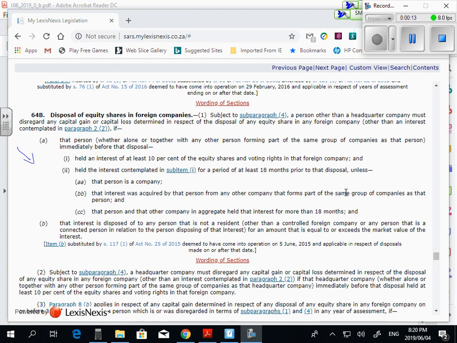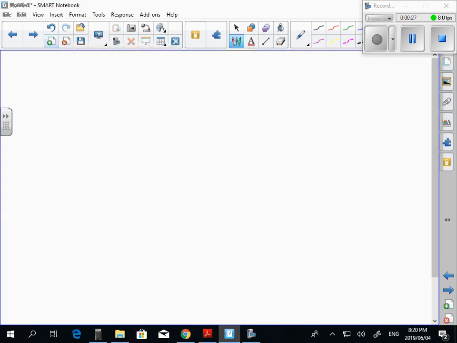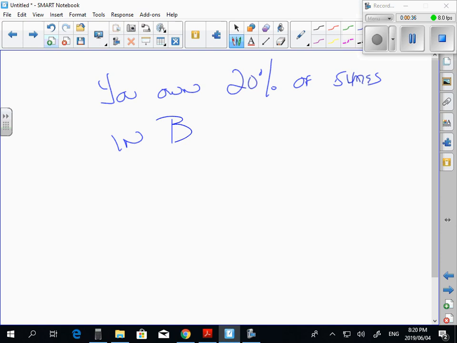One of the things that's not really in any of the 4861 tests is what happens if you sell shares in a foreign company. So let's create an example now. Imagine you own 20% of shares in B PLC, so it's a foreign company.